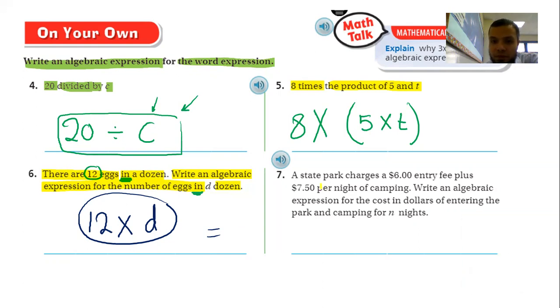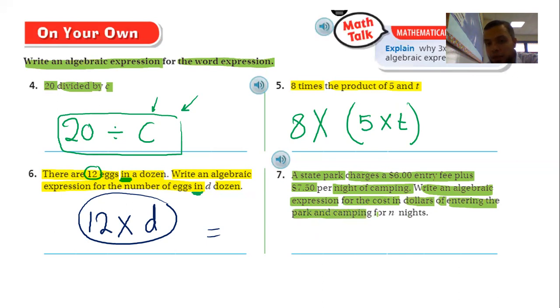Question 7 says, a state park charged a $6 entry fee plus $7.50 per night of camping. Write an algebraic expression for the cost in dollars of entering the park and camping for n nights.